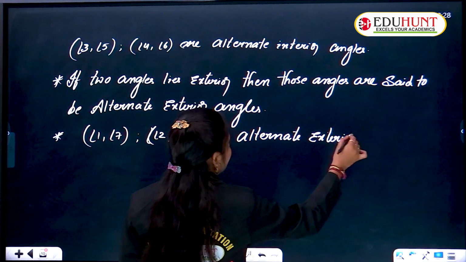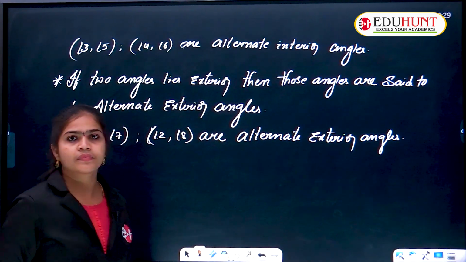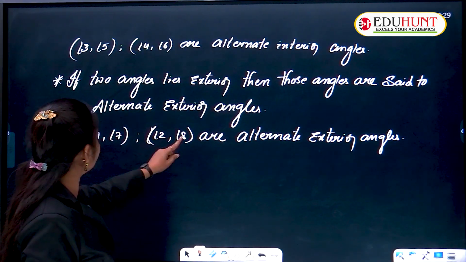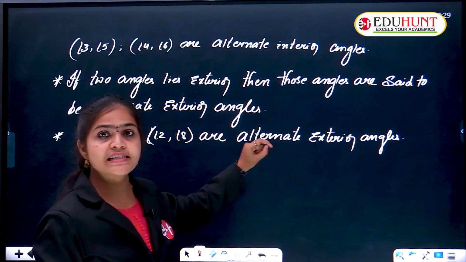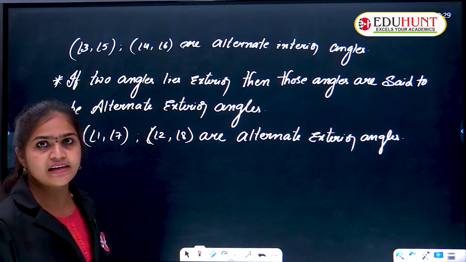Understood? Children, just observe how many angles in total we can observe here, ma? Here also 8 angles. Depending on the places, we can define them as alternate interior angles or alternate exterior angles.